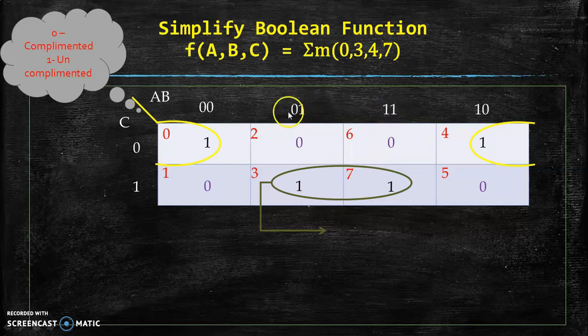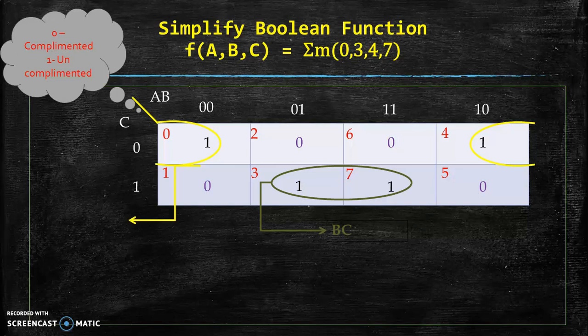So A is changing from 0 to 1, so we have to eliminate A. B is 1 and 1, so B is common for cell number 3 as well as cell number 7, so we keep B in the product term. In the same way, C is 1, so we take C. Because B is 1, it is B, and C is also 1, so we write the product term as BC.